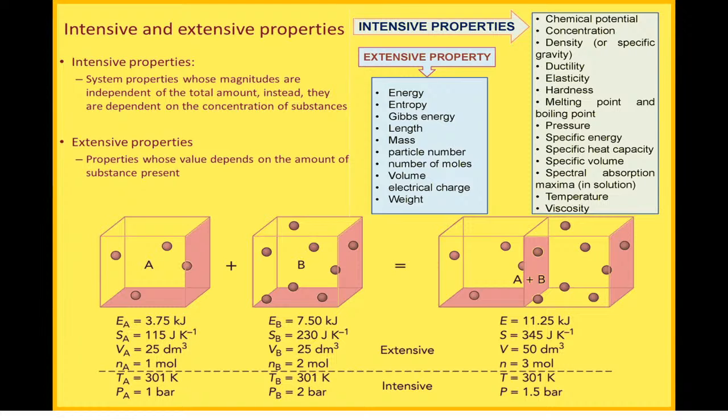And you can see this example how you can represent the change of the state of the systems by the list of the change of the parameters that are extensive and intensive.